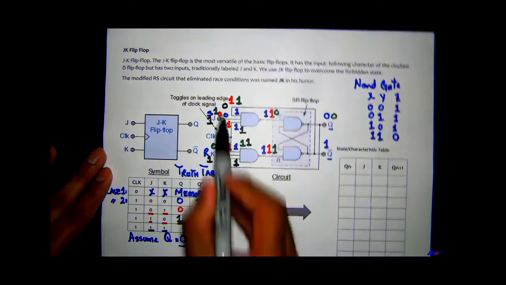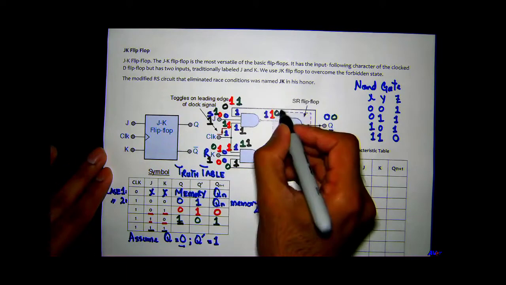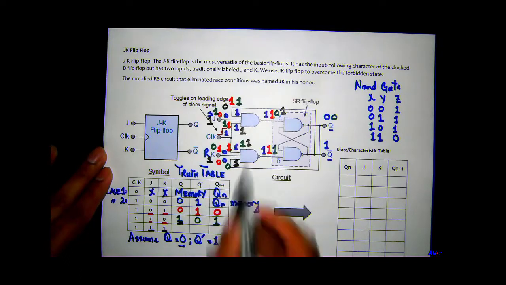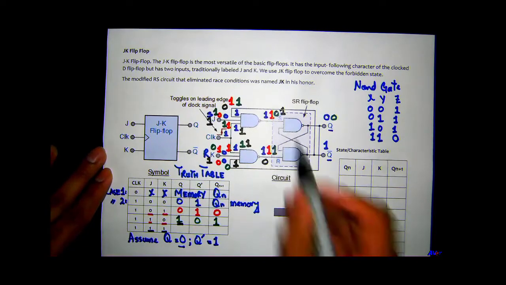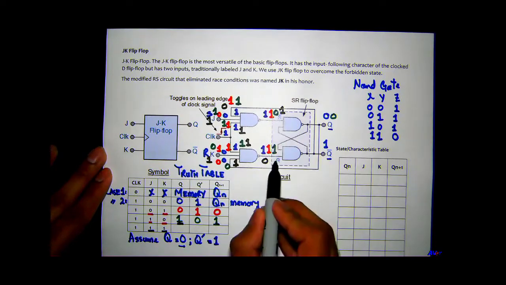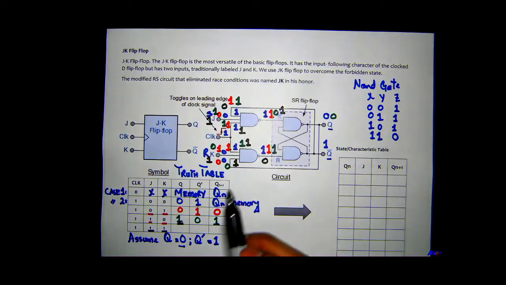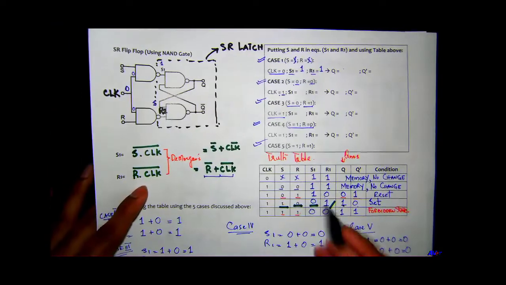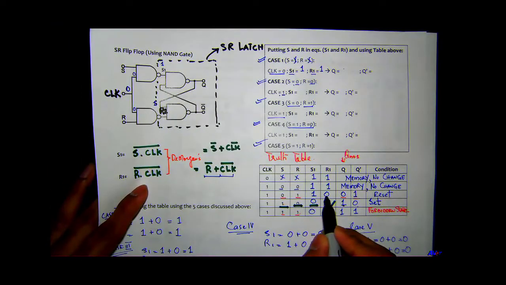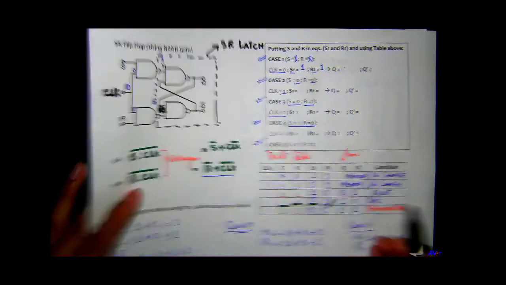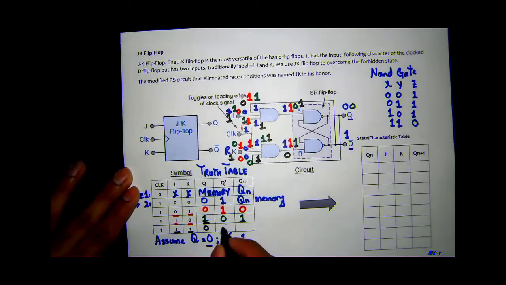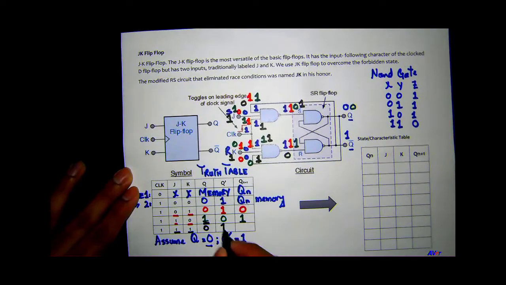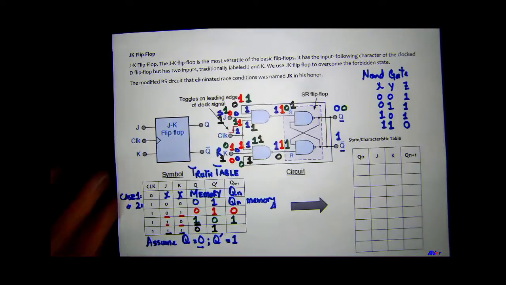So we're looking at black, 0 1 1 gets you 1, and then 1 1 1 gets you 0, correct? So when S is 1 and R is 0, we get 0 1, which means this is going to be 0 and this is going to be 1, okay?